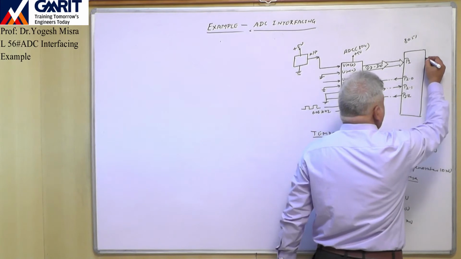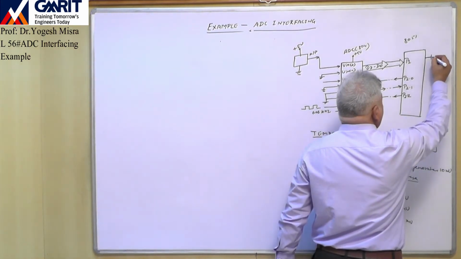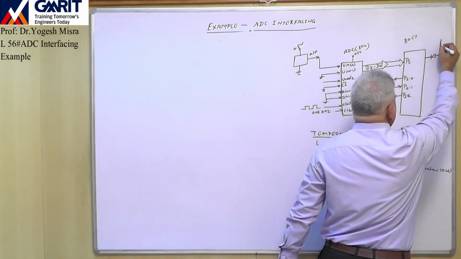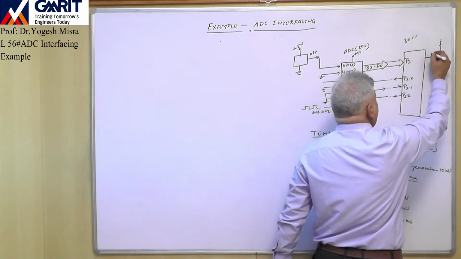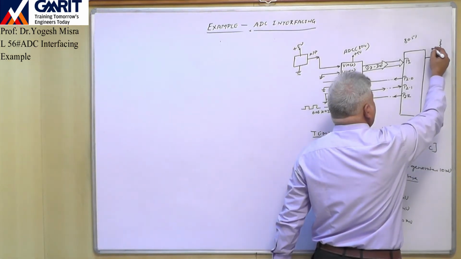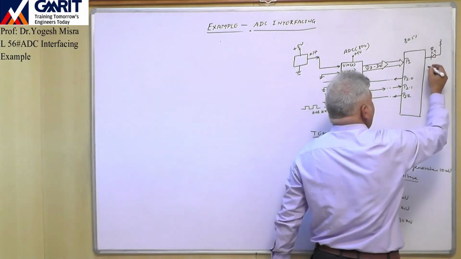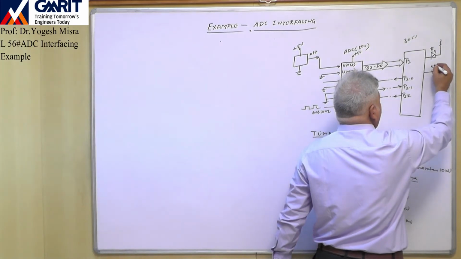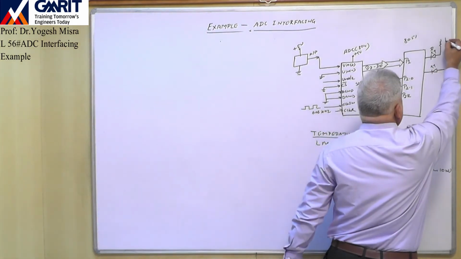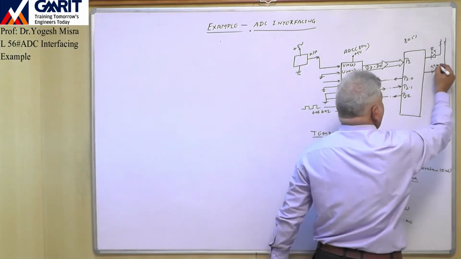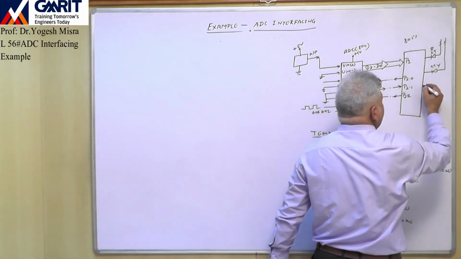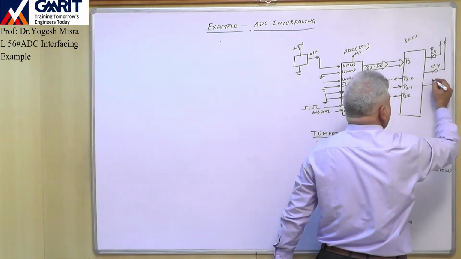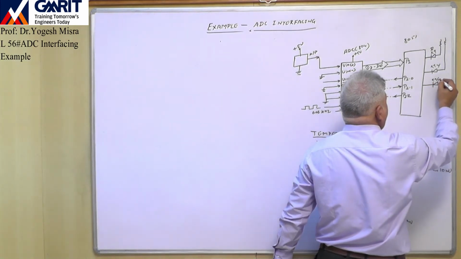Now I will connect 3 LEDs at the output side, right? Suppose this is the red LED, this is the yellow LED, and this is the green LED.